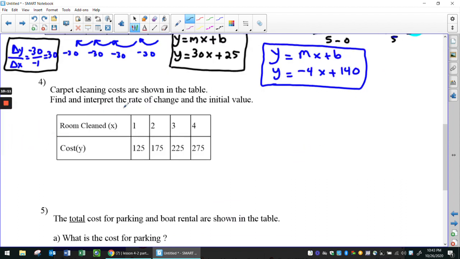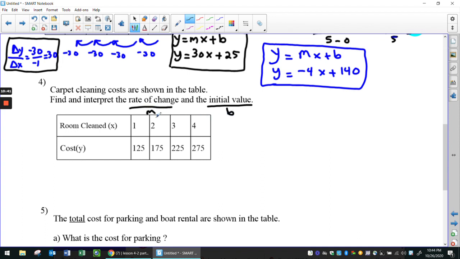Okay, so carpet cleaning costs are shown in the table below. Find and interpret the rate of change. The rate of change is the same as the slope. And when you hear the initial value, that is the y-intercept. That is where your line or your data begins. That initial value is always your b, which is your y-intercept.